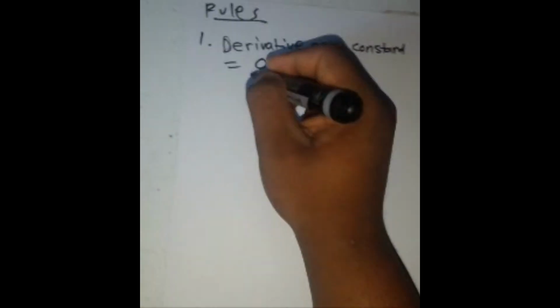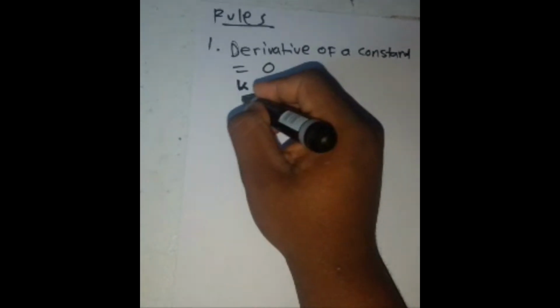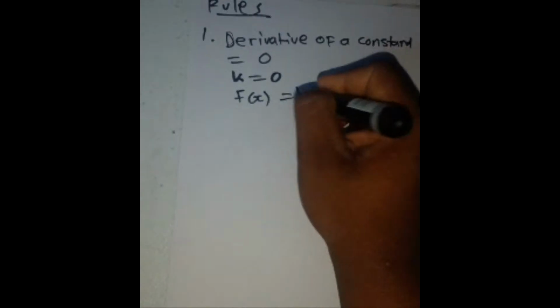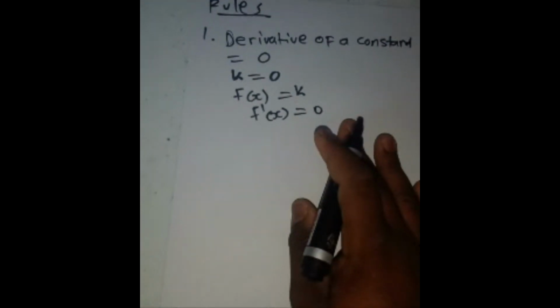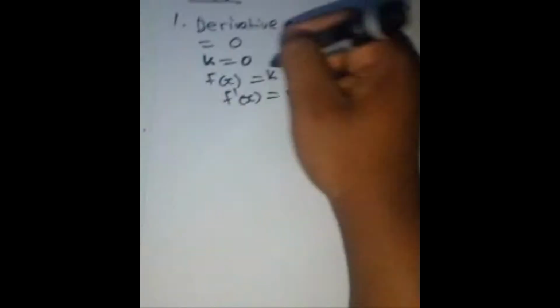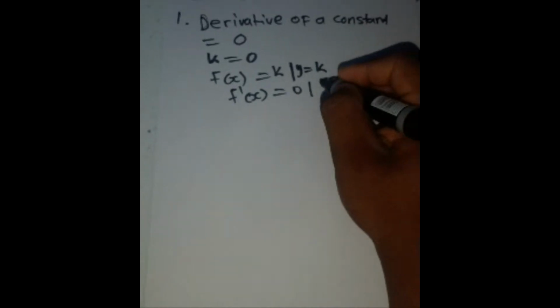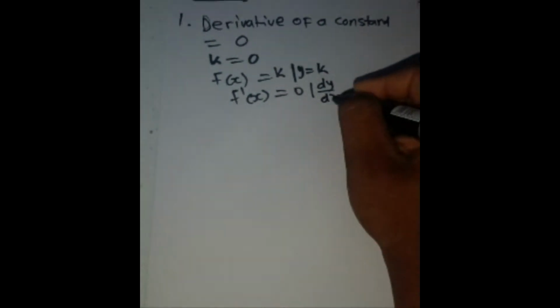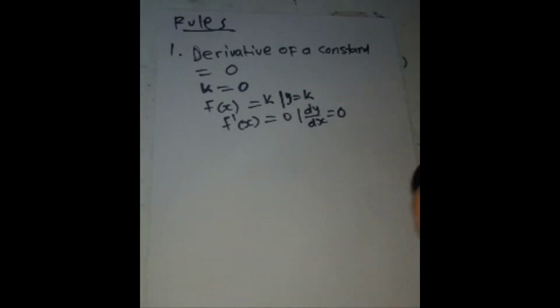For example, if I choose k, then the derivative of k is 0. If it is f of x equals k, the first derivative is 0, just like that. Or even if they say y equals k, dy over dx equals 0. So the first derivative of a constant is 0.